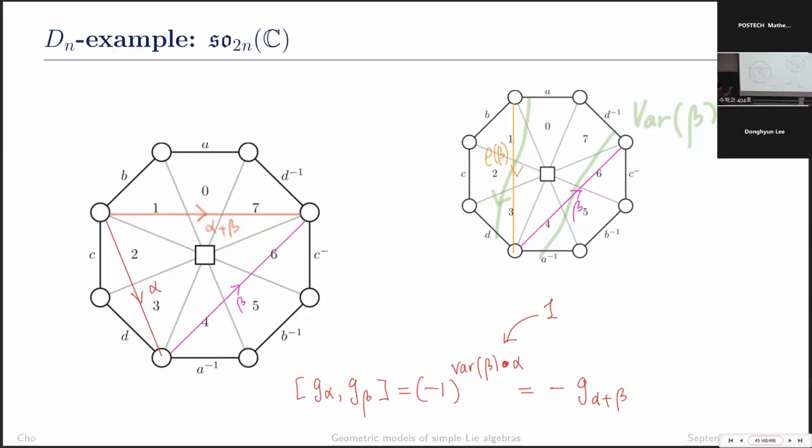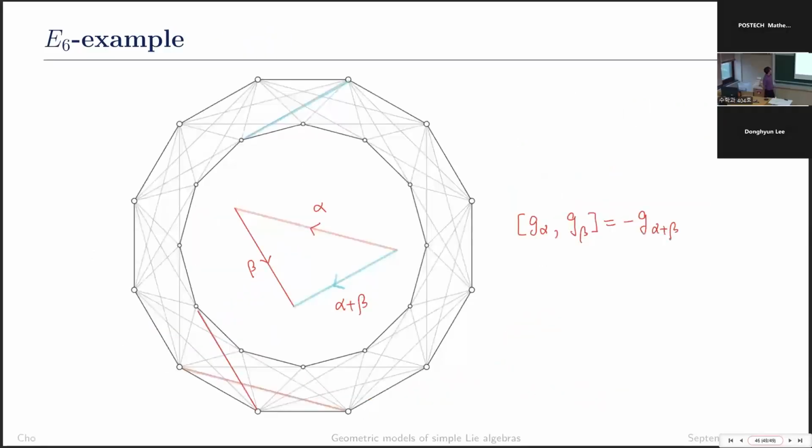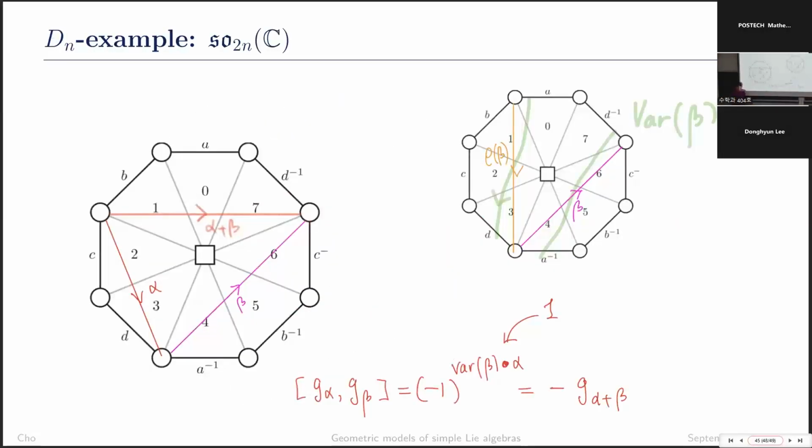And that again defines the simple Lie algebra isomorphic to so(2n+1, C). And for E6, it was a similar game. There are vectors and sums, and you can compute the Lie bracket by looking at the intersection numbers. Anyway, so let me stop here.